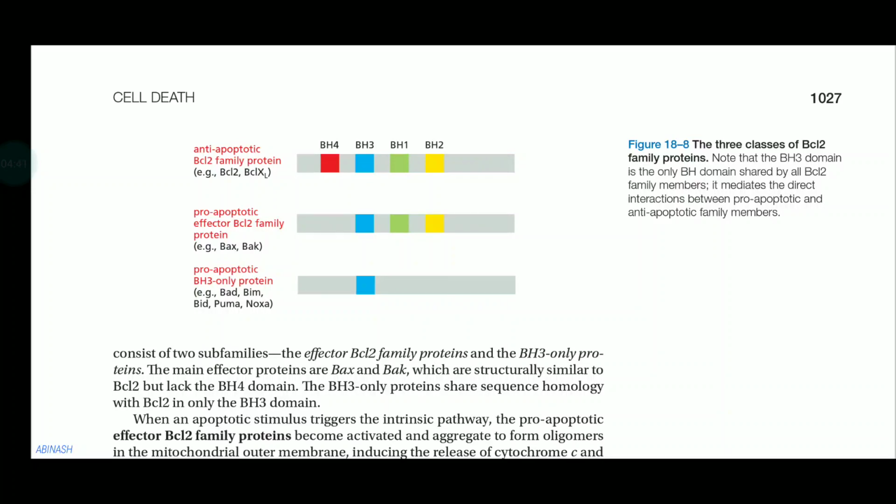The initiator caspases, activated directly by apoptotic signals, cause the activation of the executor or effector caspases like 3, 6, 7, 10, and this activation of the inactive executioner caspase causes apoptosis.